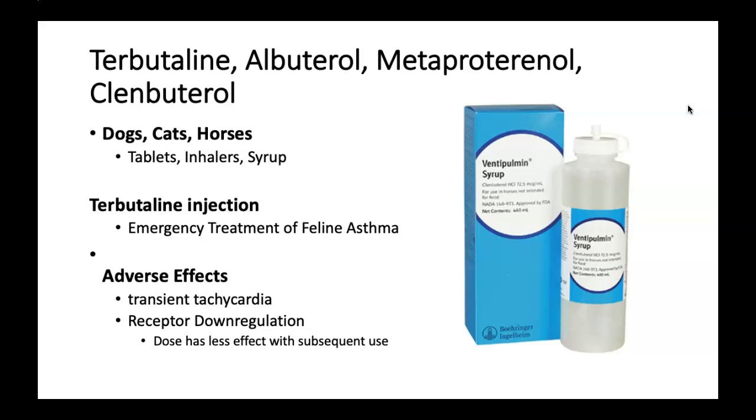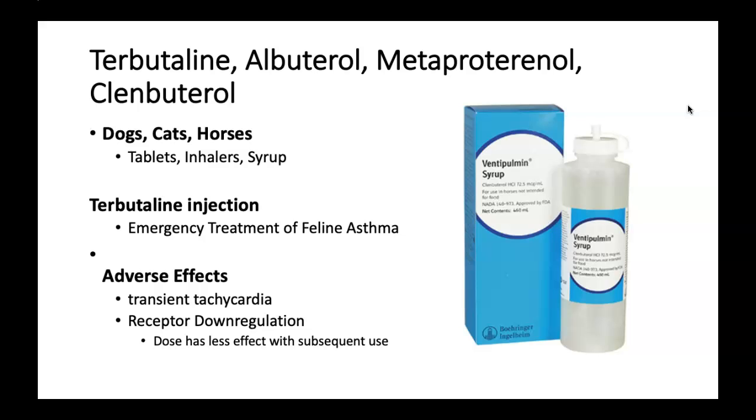Okay, so carrying on with this class of selective beta-2 agonist drugs, we've got terbutaline, albuterol, metoprolol, and clenbuterol. All of these are different options depending on the species and what we're using them for. Dogs, cats, and horses generally. Very, very common that we're using clenbuterol, which is Ventipulmin, for horses.